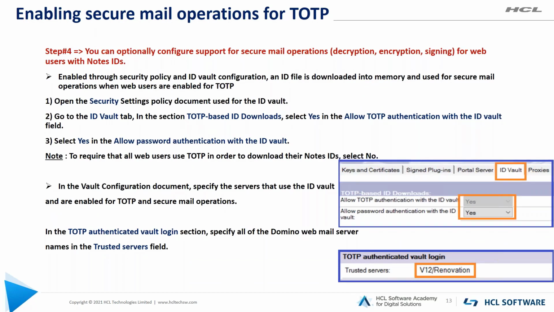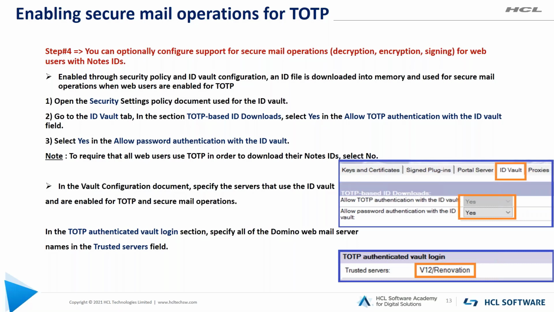Optionally, you can enable secure mail operations such as encrypt, decrypt, or signing emails for web users. This needs to be enabled through the security policy document where your ID Vault server configurations are enabled. In the ID Vault tab, select yes against allow TOTP authentication with ID Vault, and then select yes in allow password authentication with ID Vault.